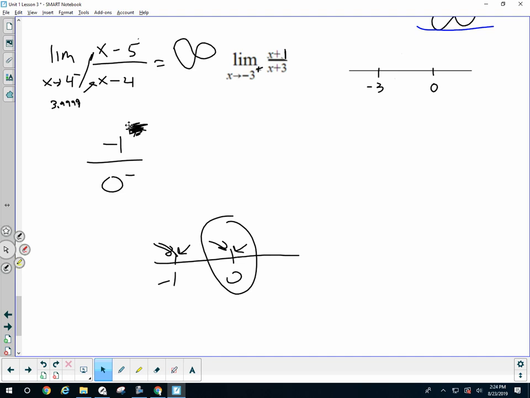Sine's just opposite. I gave you the number line because a lot of people on the negative side don't think about right and left the same. -3 from the right is like -2.999. Adding 3 to that, I'm getting something infinitely small and positive. But in the numerator, -3 plus 1, -2, I don't care that it's -2 from the right or -2 from the left. Negative divided by something infinitely small and positive, infinitely large and negative.